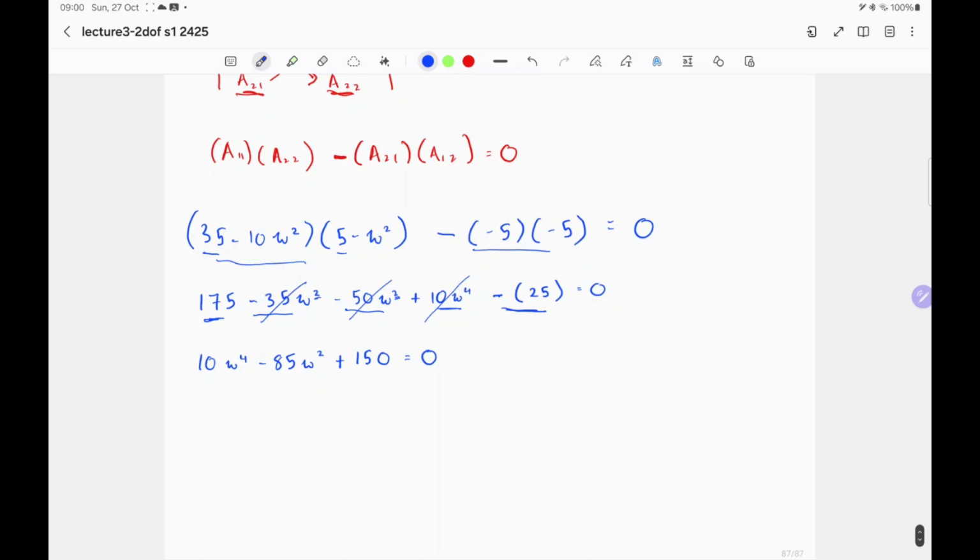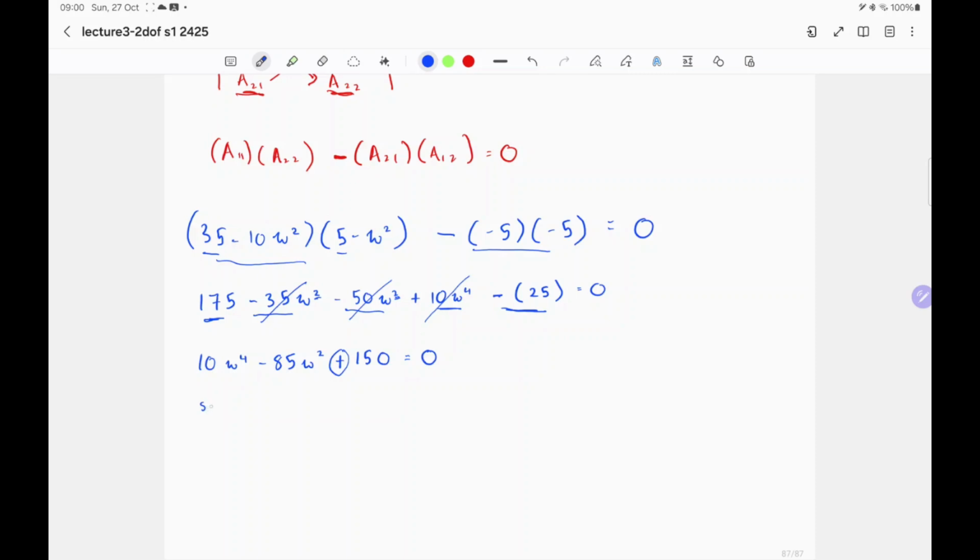A careless mistake that students always make is the sign here. Sometimes they write negative and positive. So please be careful. Look carefully. Remember that what we want to identify is this omega value. So how do we determine the omega value?